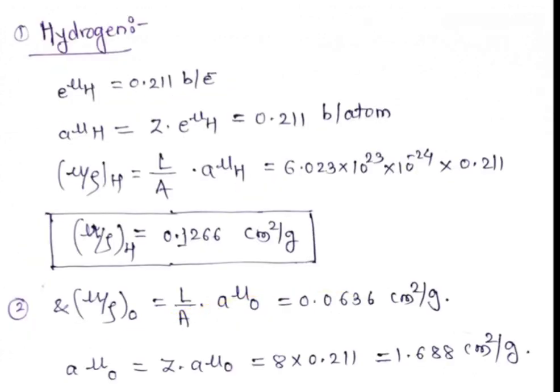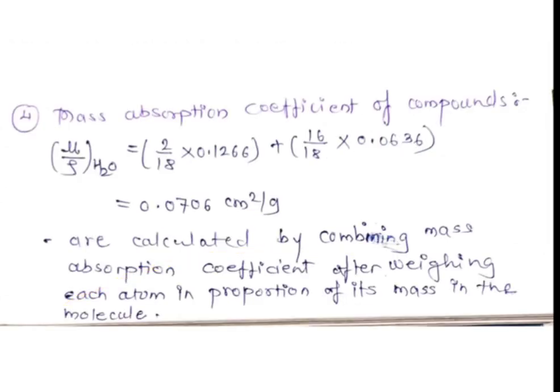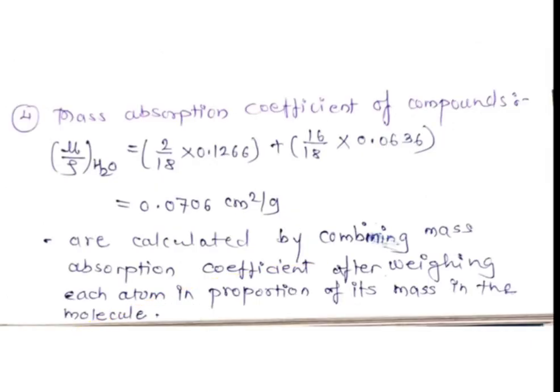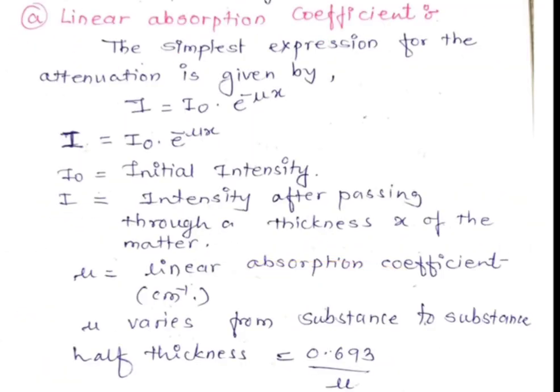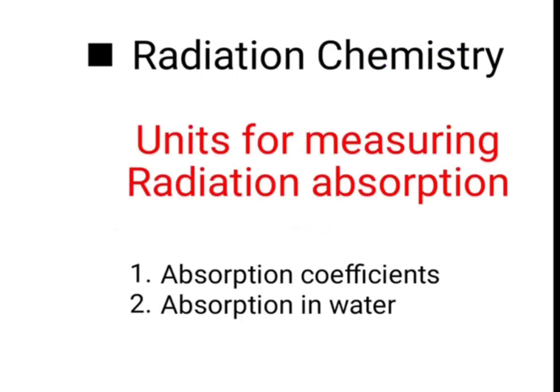Then we calculated separately all the terms for the hydrogen, then all the terms for the oxygen, and after that we calculated the mass absorption coefficient and the molecular absorption coefficient for the compound water molecule. In this way you can learn the absorption coefficient and absorption in water and their units for measuring the radiation absorption.